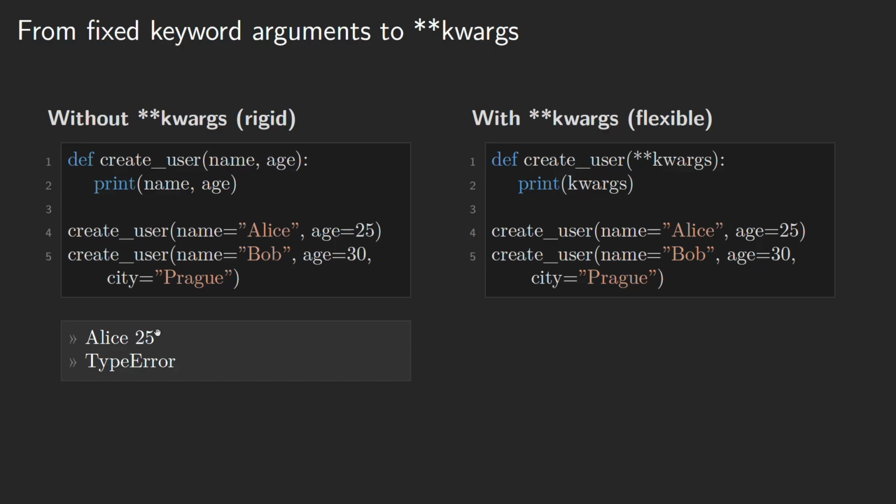It returns Alice 25. But when we call this method with Bob as the name, age 30, and also city Prague, it returns a type error, because again there is a mismatch between the arguments given during the function call and what is defined in the function definition.